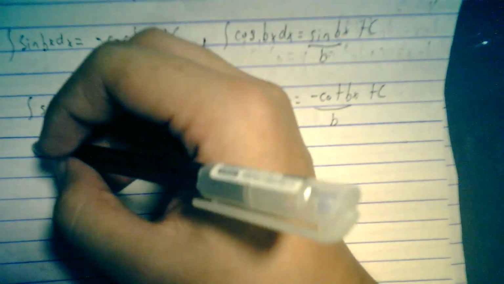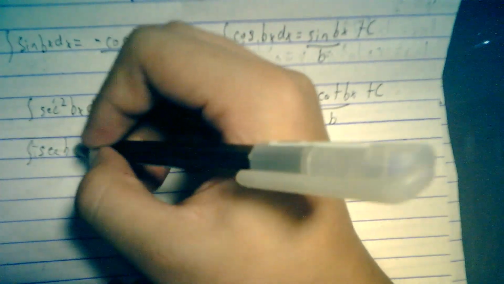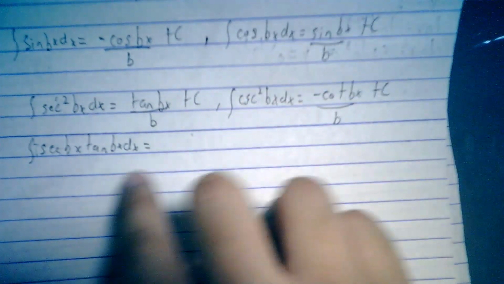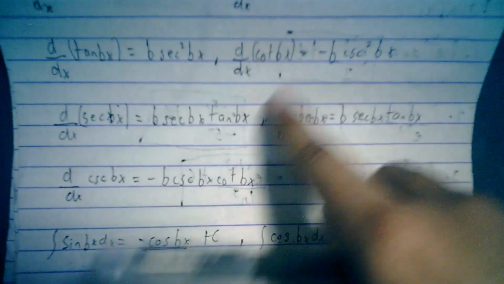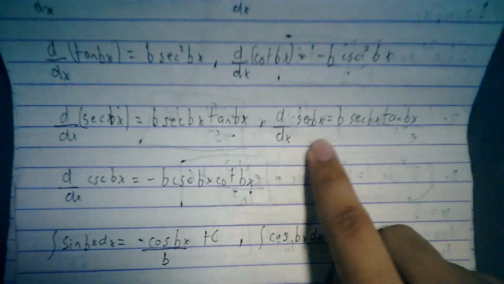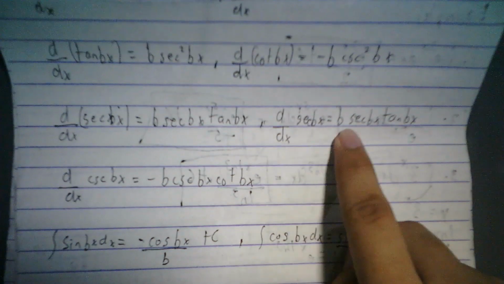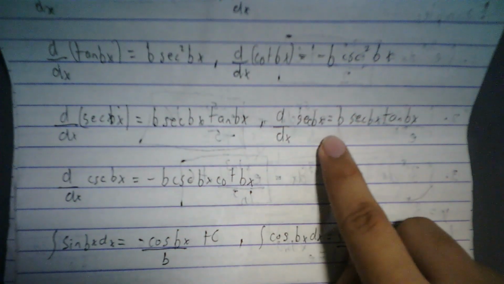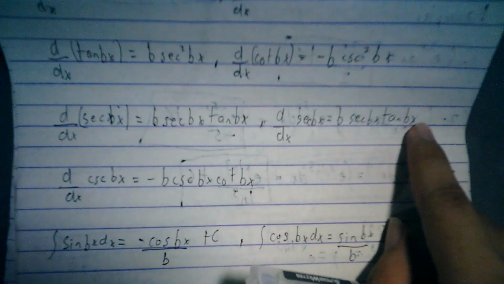Another one: we have the integral of secant bx tangent bx dx. Looking at our derivative formula, the derivative of secant bx is b secant bx tangent bx dx.